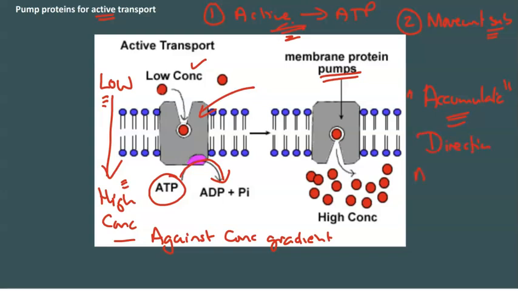So ATP is involved, and there's a particular direction in which the molecules are moved and accumulated, and this often means that we go from a low concentration to a high.